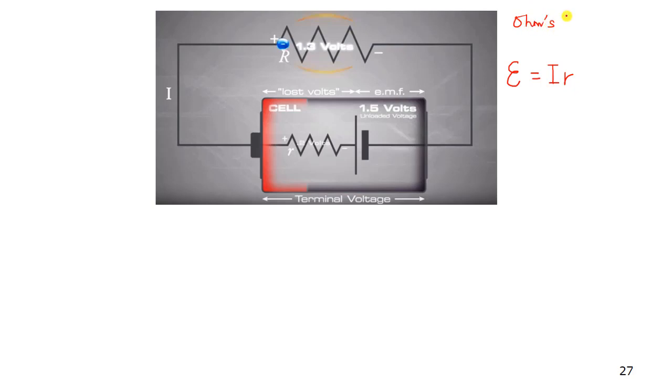Kalau ikut Ohm's law, voltage adalah current darab resistance. So, tadi kita dah kata EMF adalah voltage yang across internal dan juga external. So, EMF adalah voltage across internal resistance plus voltage across external.